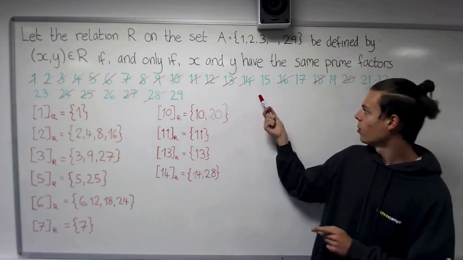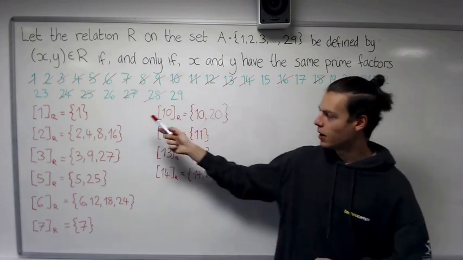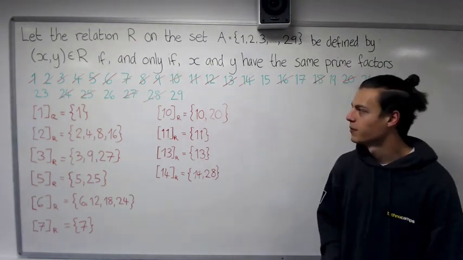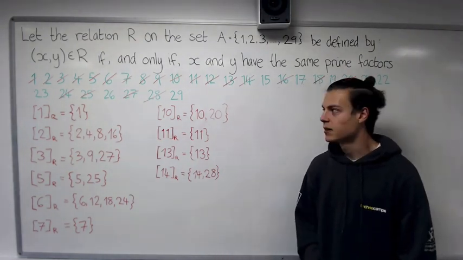Now we note that all of the remaining numbers are too large for two of them to be in the same equivalence class.